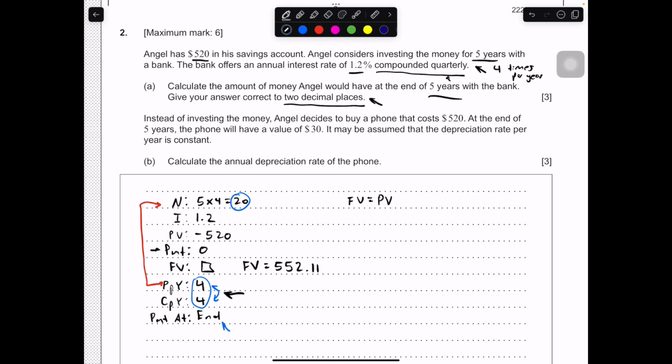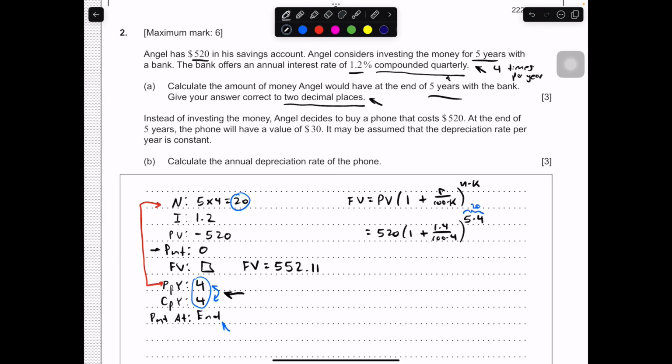Final value equals present value times 1 plus our interest rate over 100 times compounding periods per year, raised to the number of years in the account times the compounding periods. So let's write this out. Here's $520. We're going to multiply this by 1 plus the interest rate over 100 times 4 compounding periods a year. It's in for 5 years, and then we multiply by 4 once again, for that total of 20 payments essentially.